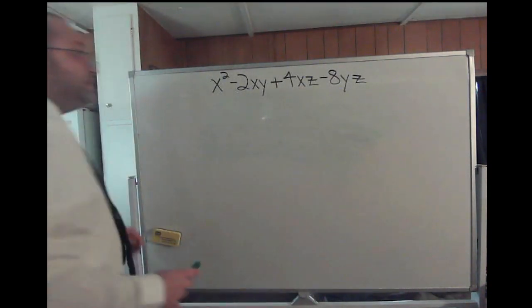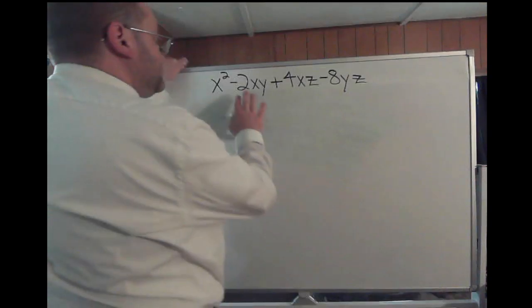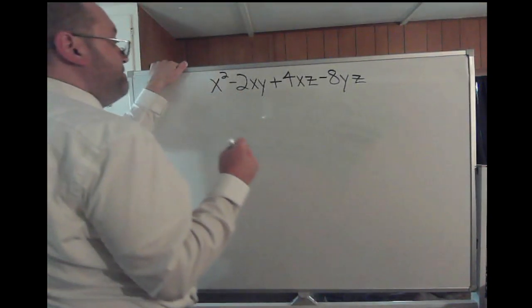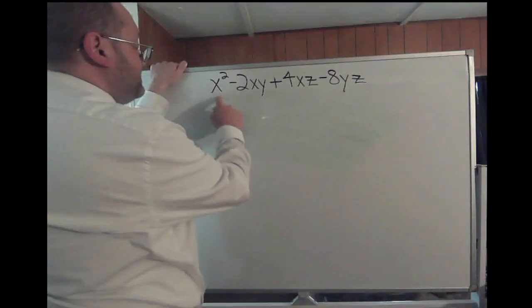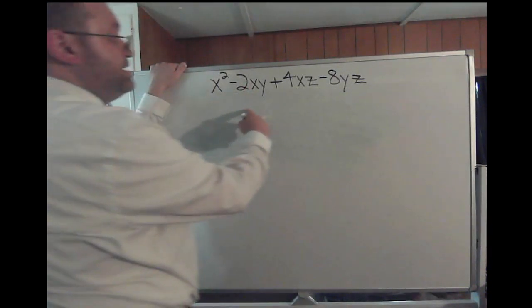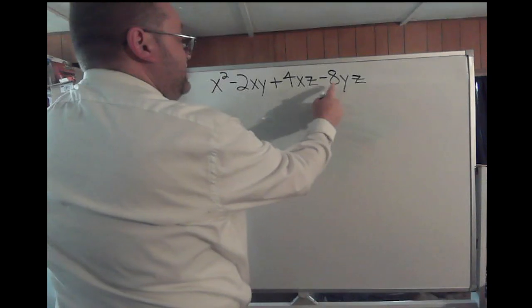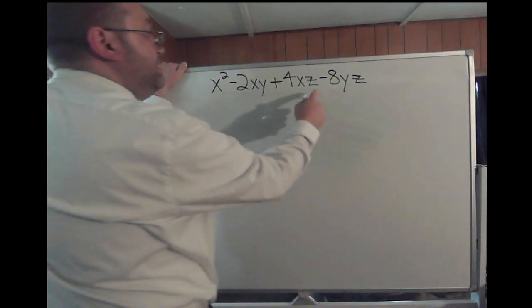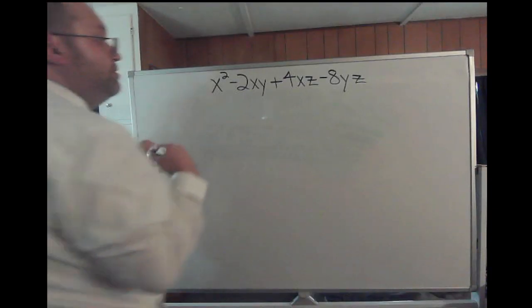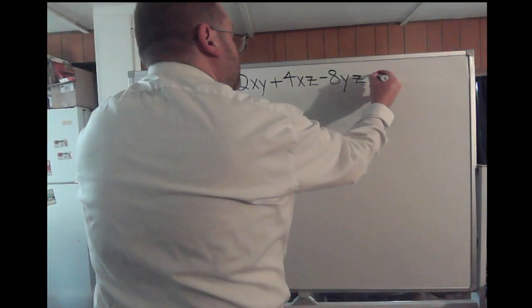So it looks like, once again, we're going to split this into the first two terms here, because if you notice, between x squared and negative 2xy, there's a common x. And if you look between 4xz and negative 8yz, there's really a common 2z between them. But we'll get to that in a second.